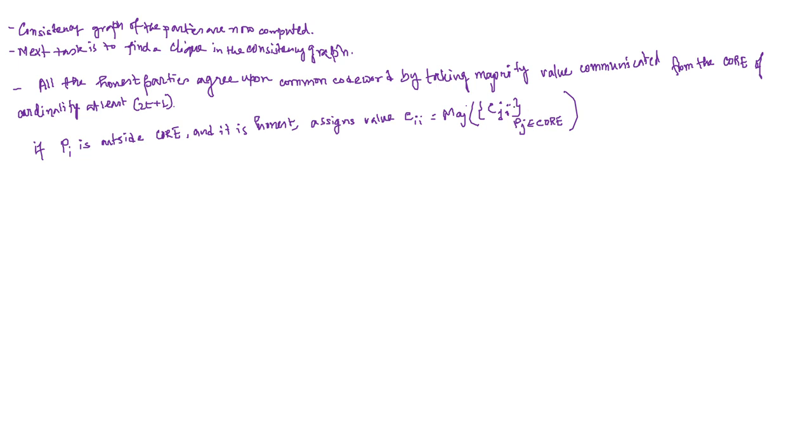So for all the parties in the core, whatever is the value of the ith index of its local copy, if pi from outside the core takes the majority of those values, it will have cii the same as the ith element of all honest parties in the core, and all the honest parties in the core already have the same data, the same code word with them.